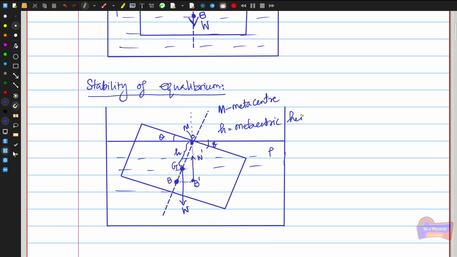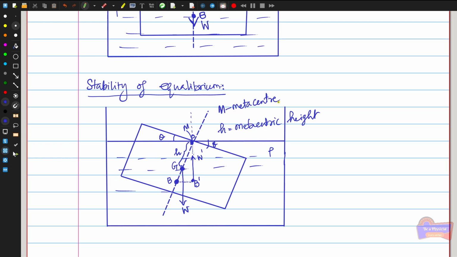If you draw a vertical line from the new center of buoyancy B prime, the point where it meets the vertical line of the object is called the metacentric point, or metacenter, of the body, and the distance between the metacenter and the center of gravity is known as the metacentric height.